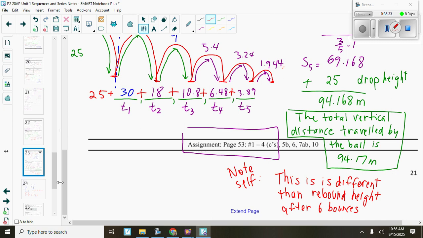That's a really good distinction. For the distance traveled on the 6th bounce, no. For the other one, if it says what's the rebound height after the 6th bounce, it wants that 7th term. Great question.